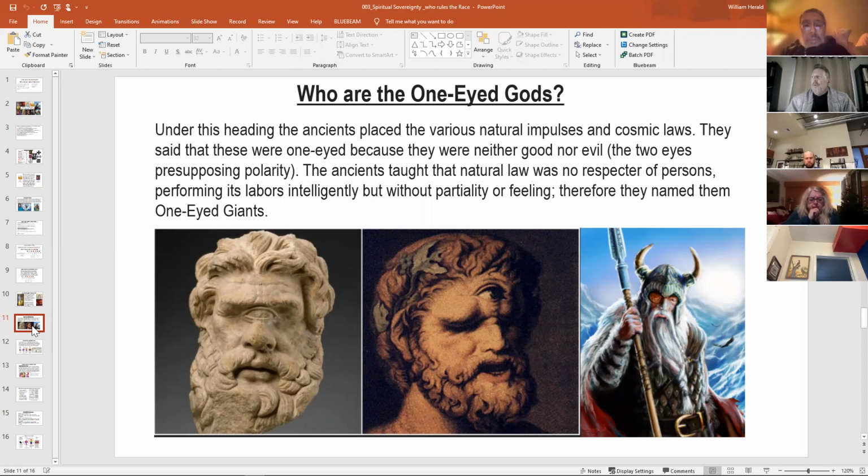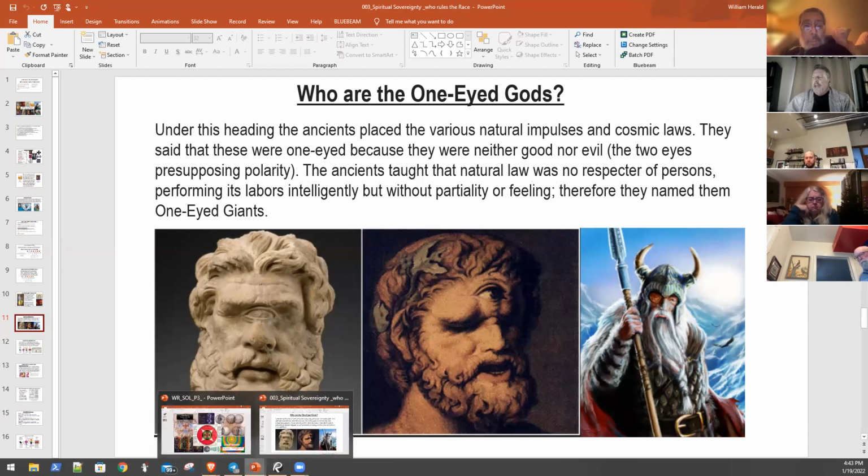They said that these were one-eyed because they were neither good nor evil, the two eyes presuming polarity. The ancients taught that natural law was no respecter of persons, performing its labors intelligently, but without partiality or feeling. Therefore, they named them one-eyed giants.